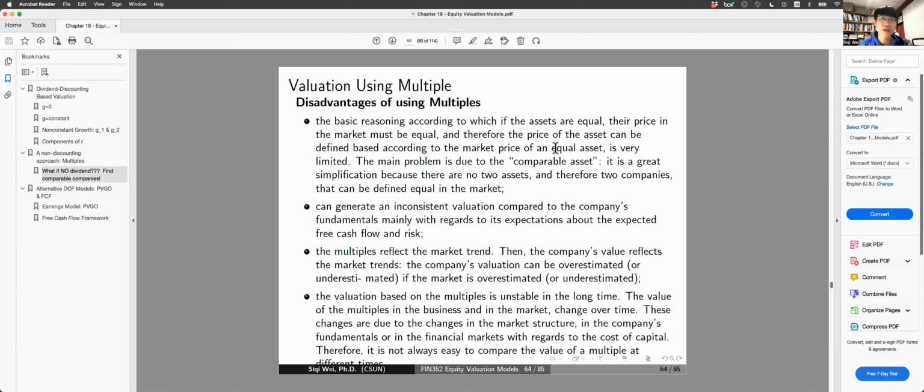And the other thing is, sometimes it might be inconsistent with the results of your free cash flow model because you account for different types of risk.